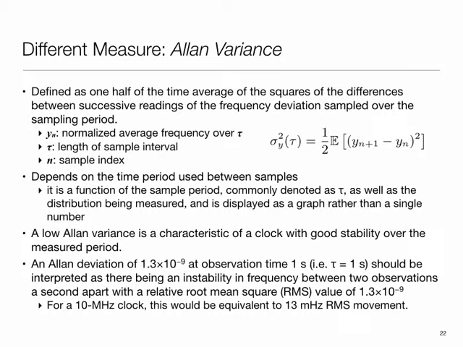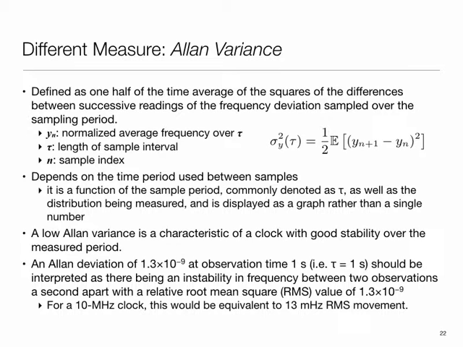Let's say what we have is some measurement of clock errors, so I have a time series of that. What I'm going to do is first take an average and construct a new time series which is smoothed over some time interval tau.